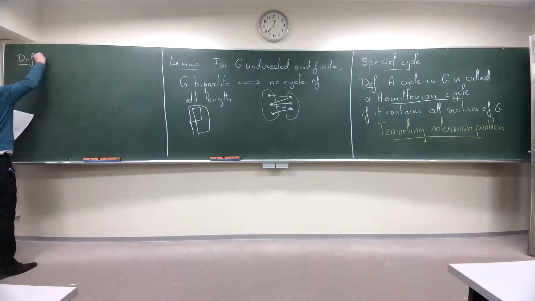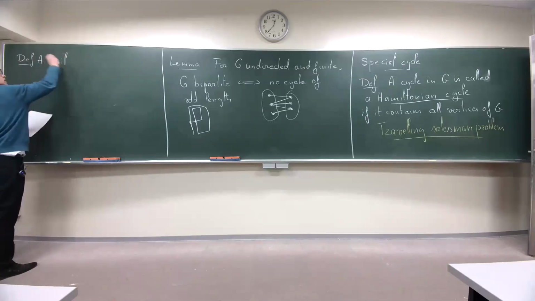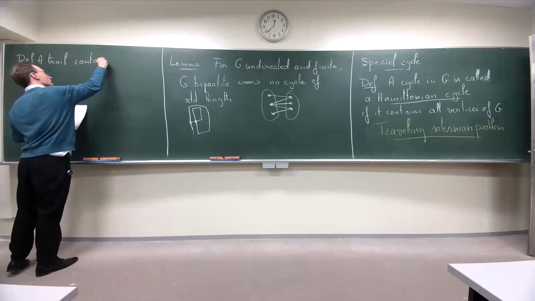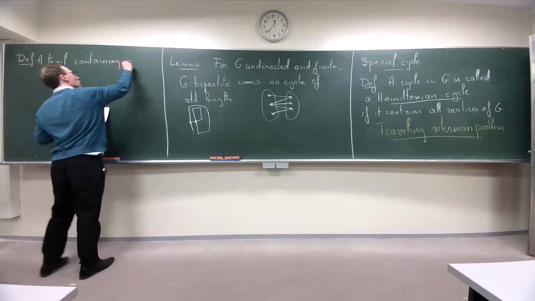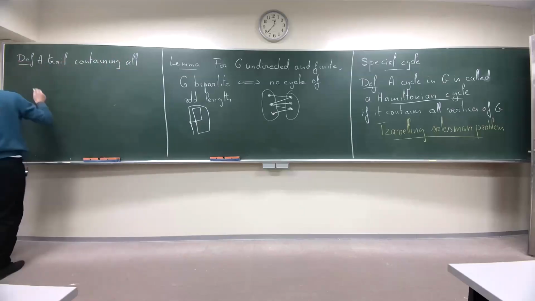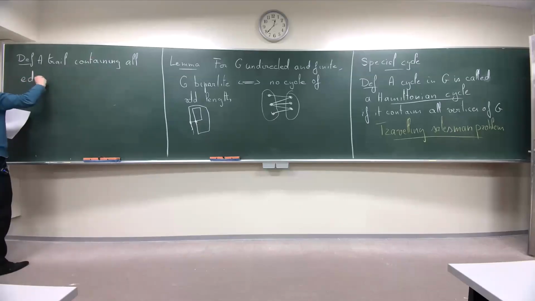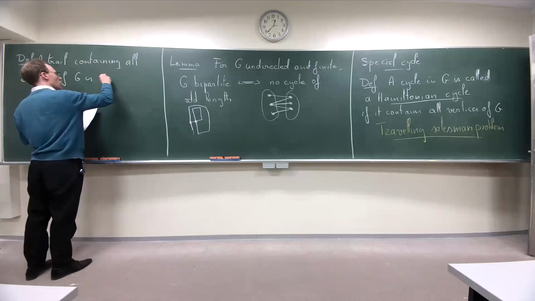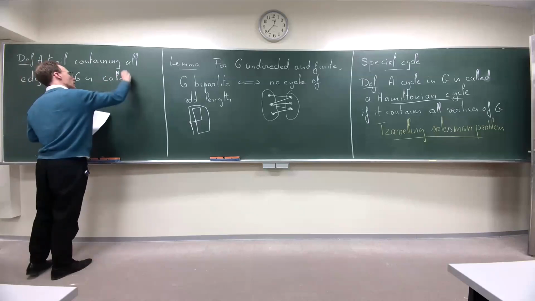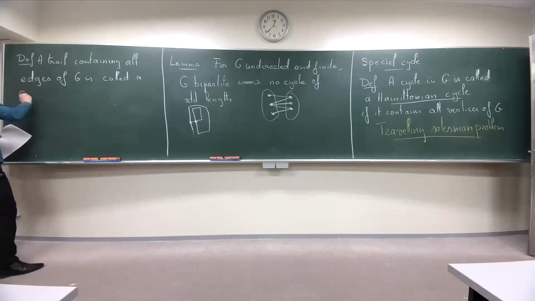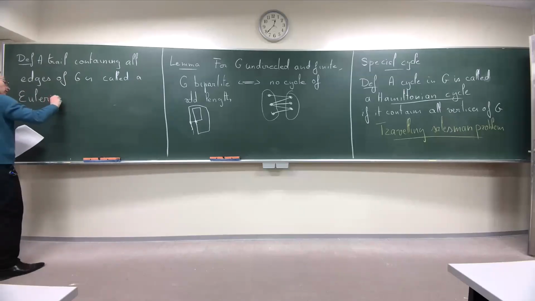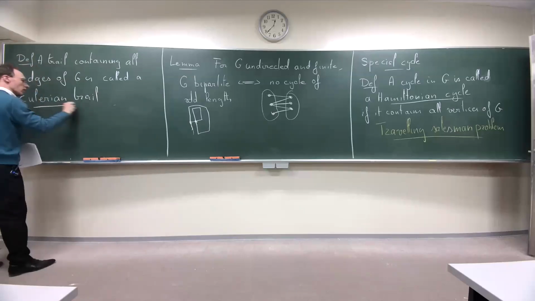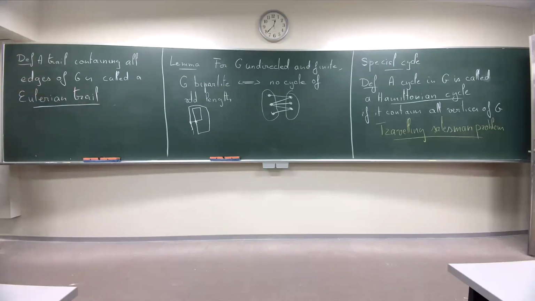So a trail containing all vertices, no, all edges, sorry, all edges of G is called Eulerian trail. And again, this has applications.